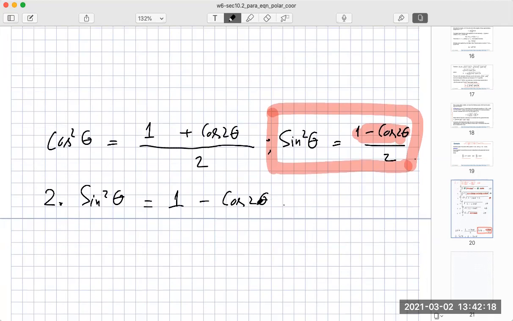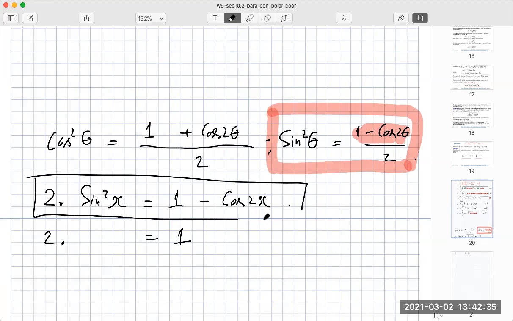Or in general, if we replace it by 2, it means this is true for any angle, right? We just use a different notation. Do you agree? They're the same thing, just different names.